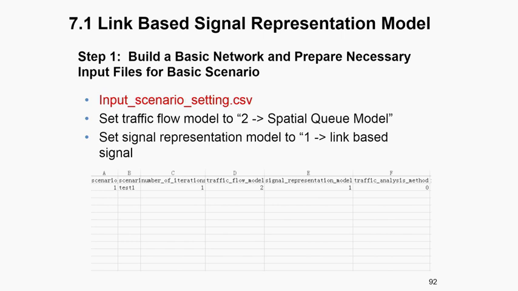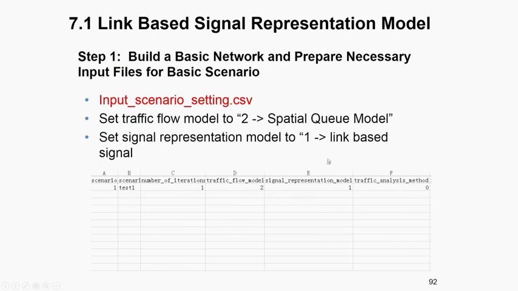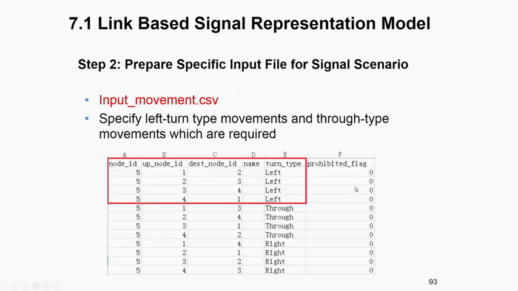So some users might recall that we have a kinematic wave model. Typically, if you use a kinematic wave model setup, we automatically use the spatial queue for the signalized intersection. If you use a link-based signal representation, we have to use 1 in this column in the signal representation model. Okay. And then we need to also check the input movement file. This input movement file is prepared not by the user.